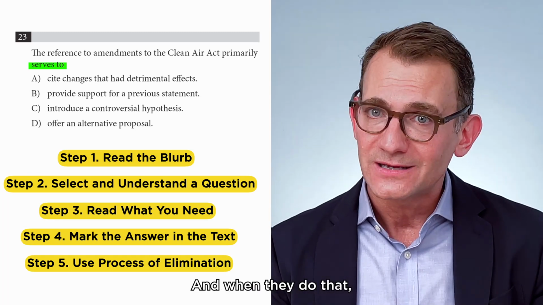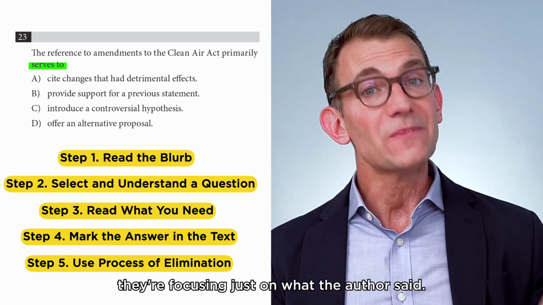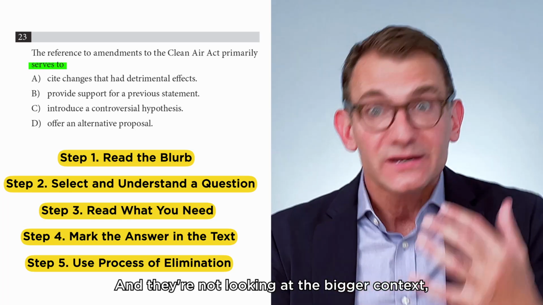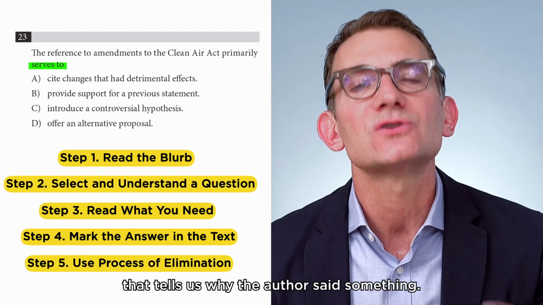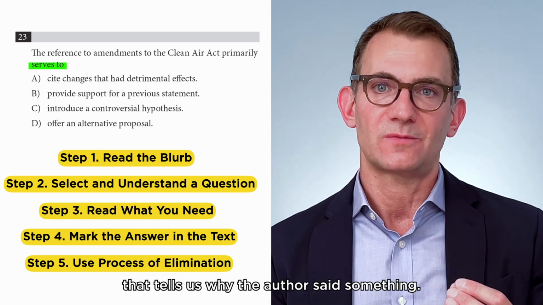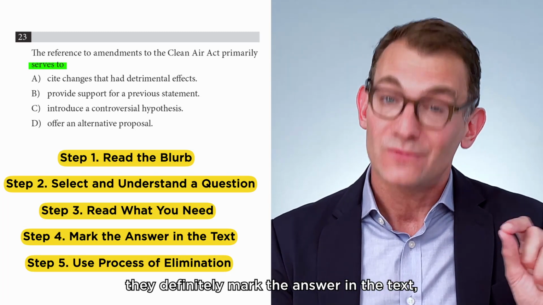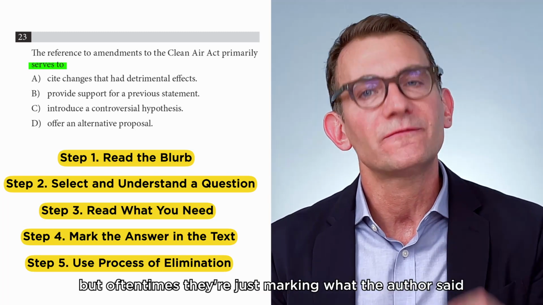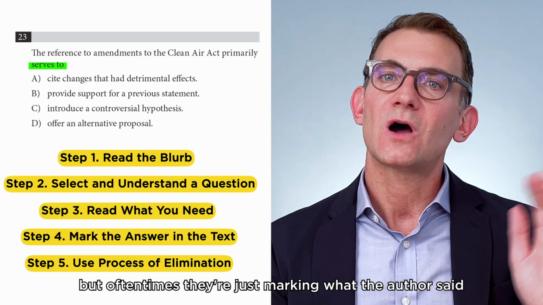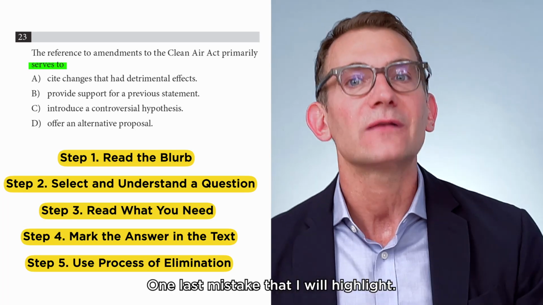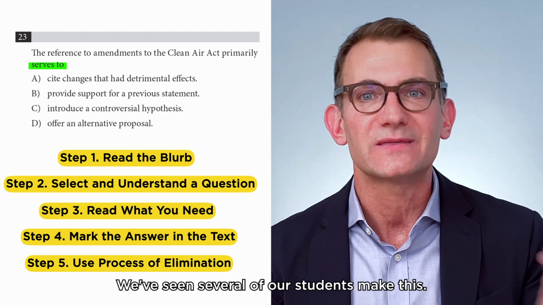And when they do that, they're focusing just on what the author said, and they're not looking at the bigger context, the larger context that tells us why the author said something. So when those students move on to step 4, they definitely mark the answer in the text, but oftentimes they're just marking what the author said and not why they said it. One last mistake that I will highlight, we've seen several of our students make this.